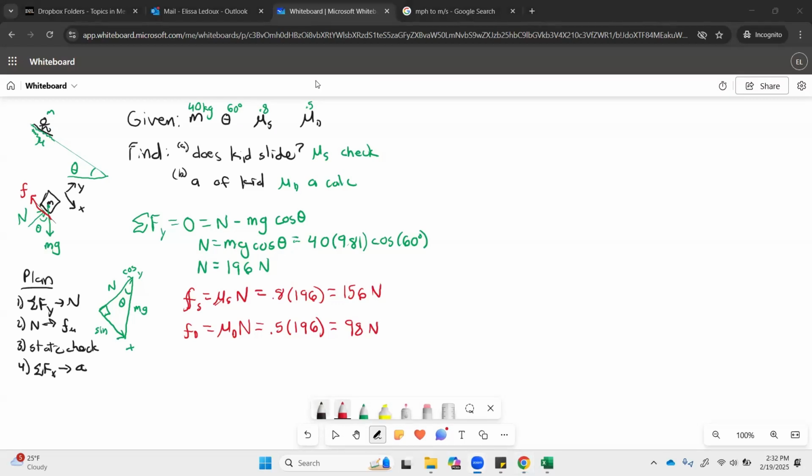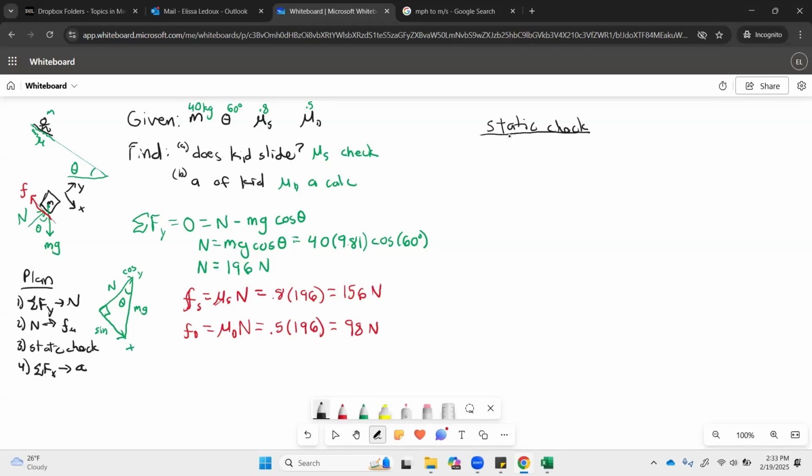Okay, so finally for part A, we do the static check. We need to see, is the weight of the object that's pointing down the plane enough to overcome the friction that's pushing up?